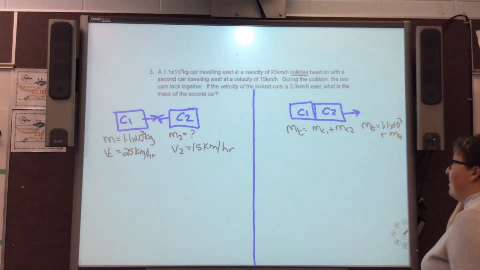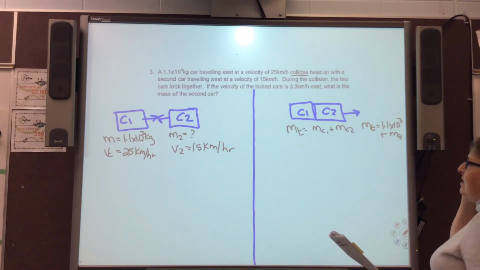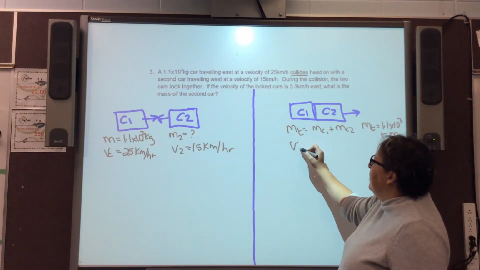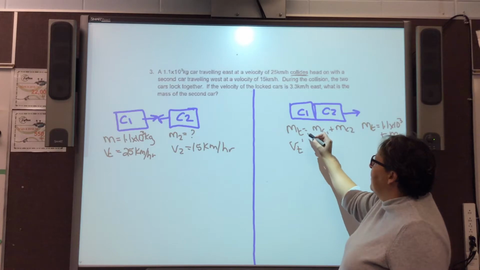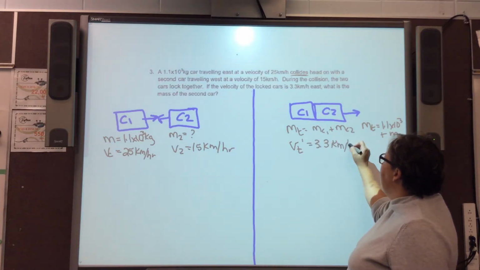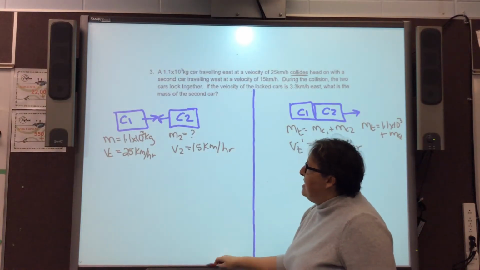So the total mass over here is 1.1 times 10 to the 3 plus mass 2. Okay, what do we know about velocity over here? The entire thing is going 3.3 kilometers per hour.